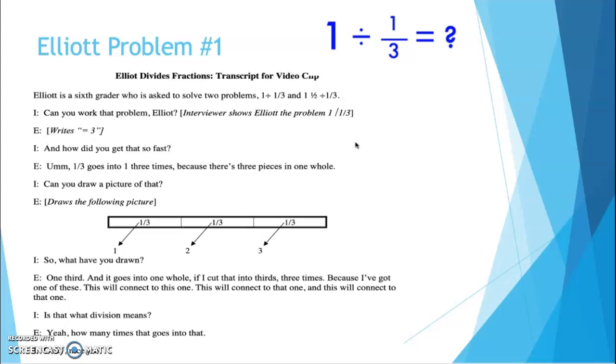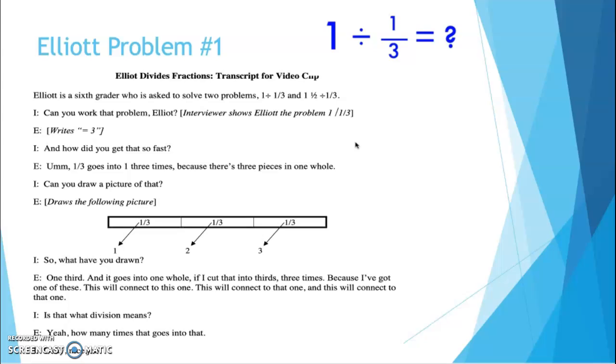Elliott responds, 1/3 goes into 1 3 times because there are 3 pieces in one whole. The teacher asks Elliott, can you draw a picture of that? And Elliott draws the image below. The teacher follows up by asking, so what have you drawn? And Elliott says, 1/3.